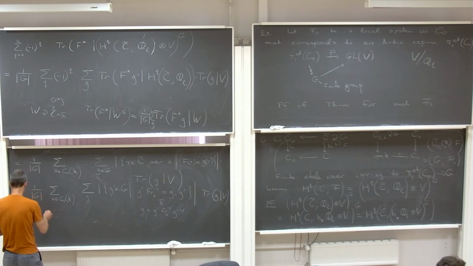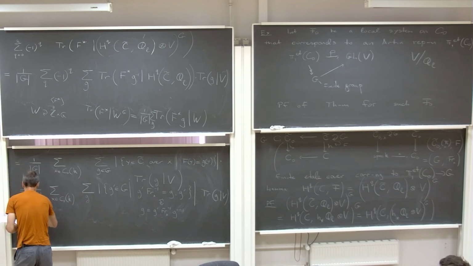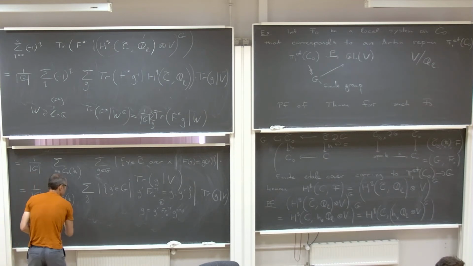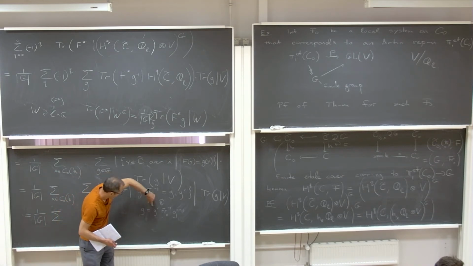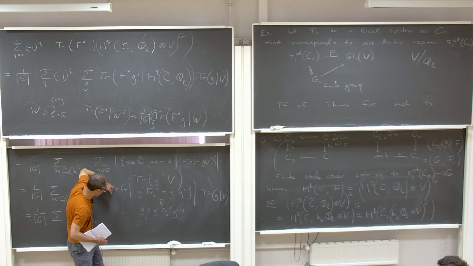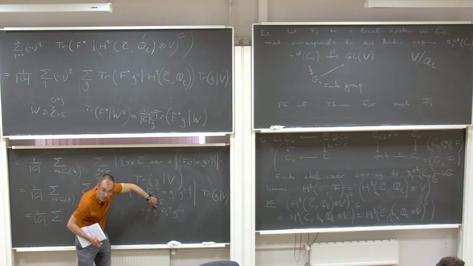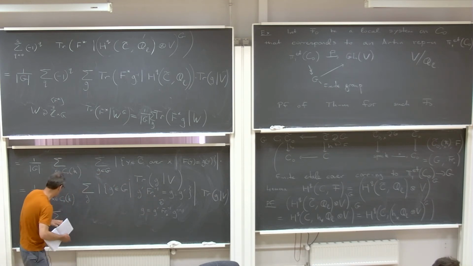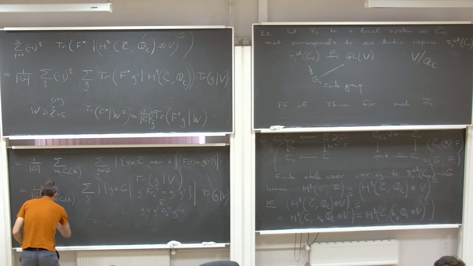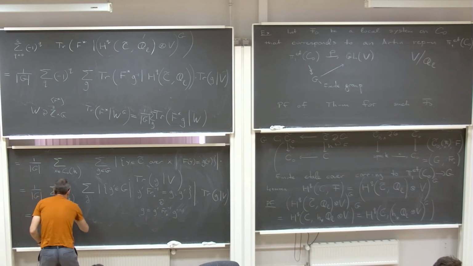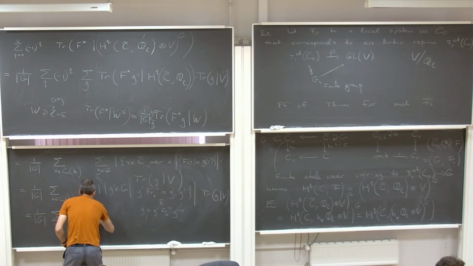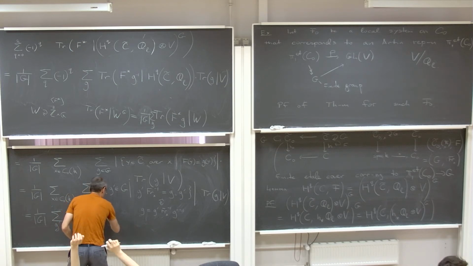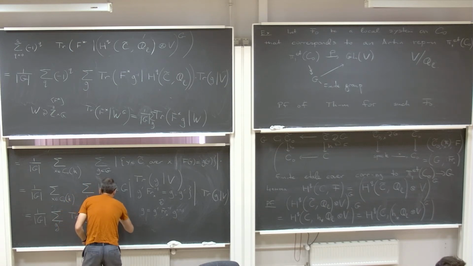So what we'll get is simply 1 over the order of G times, look, this is a sum over all G and G prime, but G is determined by G prime. So this is essentially a sum over G prime of the trace of G prime Frobenius X inverse, G prime inverse, acting on V.